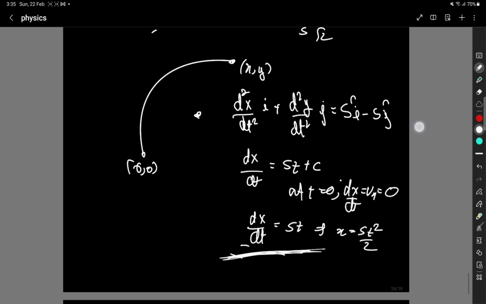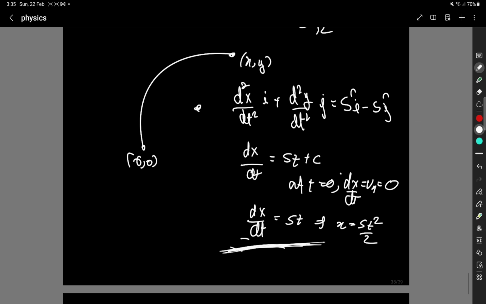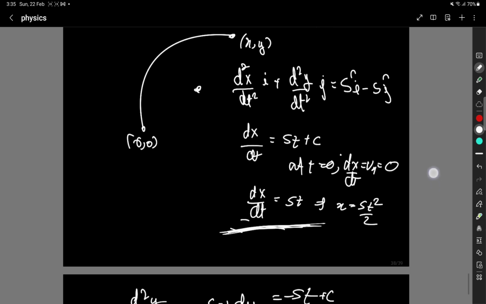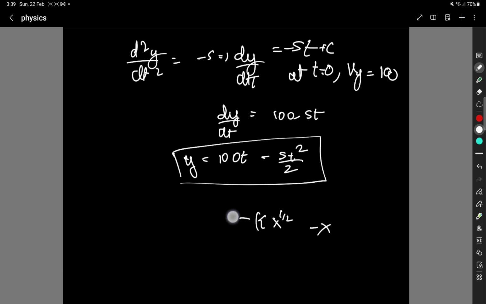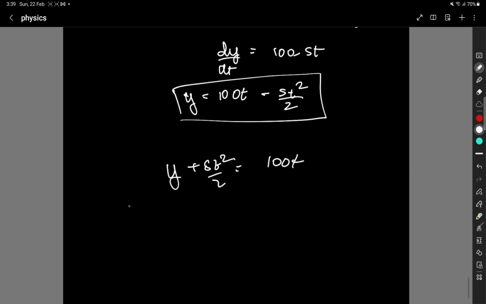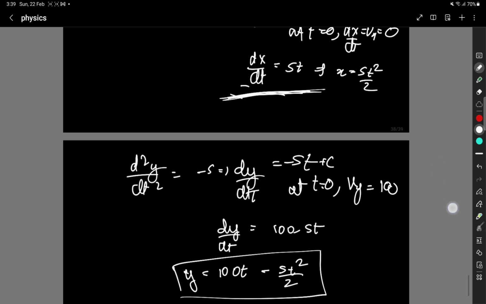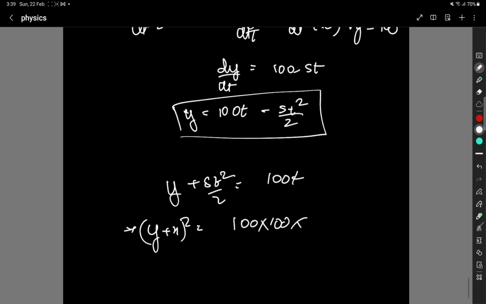d square x by dt square is 5, dx by dt is 5t plus c, at t equal to 0. Correct. So I figured out how to do it. So y plus 5t square by 2 is equal to 100t. This implies y plus x whole square is equal to 100 into 100 into 2x by 5.